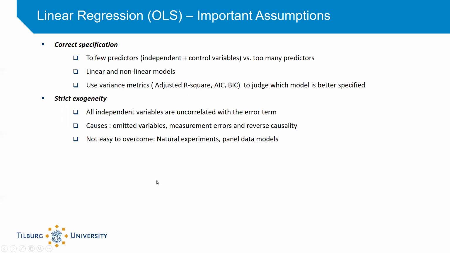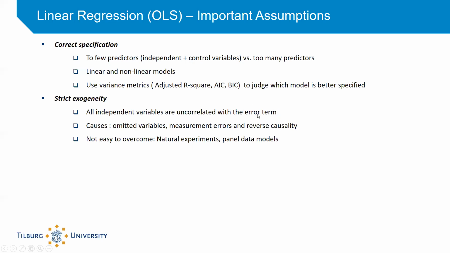Well, parent income is just one. There are so many other unobserved omitted variables that may exist. Strict exogeneity means that we have controlled for all the relevant variables which may be correlated with your independent variable. Mathematically, the independent variable is uncorrelated with the error term.